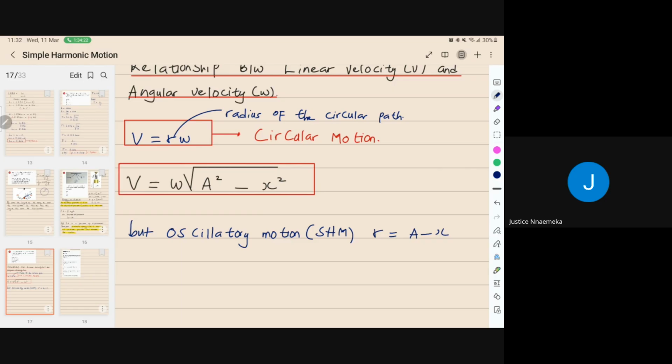Just that it is squared. When you start looking for it, it has to come from Pythagoras theorem, actually, right? So that's the concept right there for you to actually take note of.